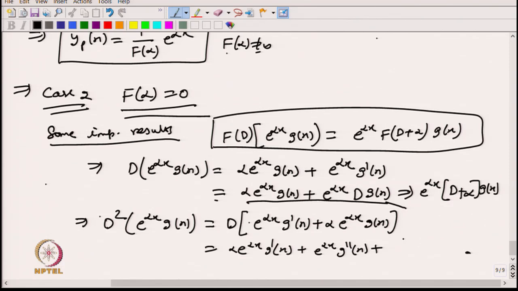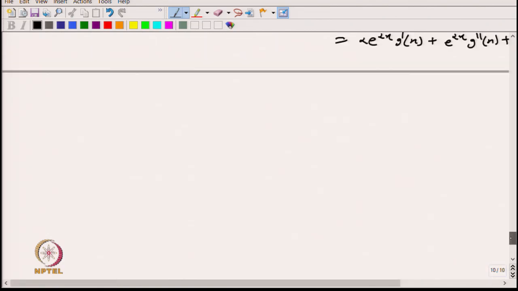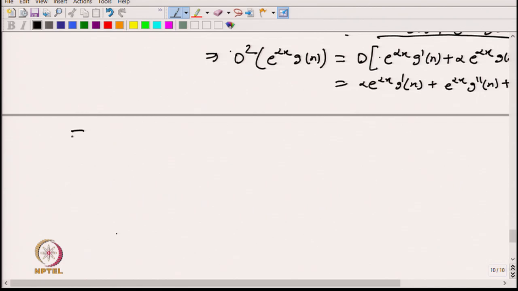plus, now operating on this one. So, it will be alpha e raised to power alpha x g x plus e raised to power alpha x g dash x, which can further be written as d square of e raised to power alpha x g x.